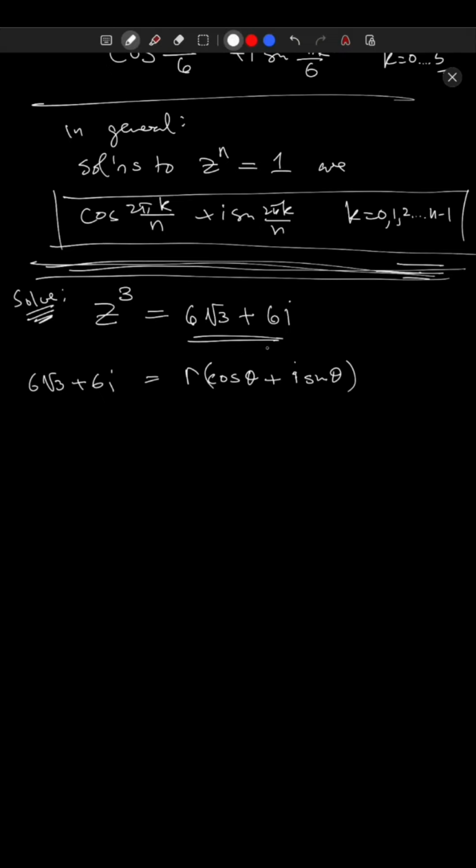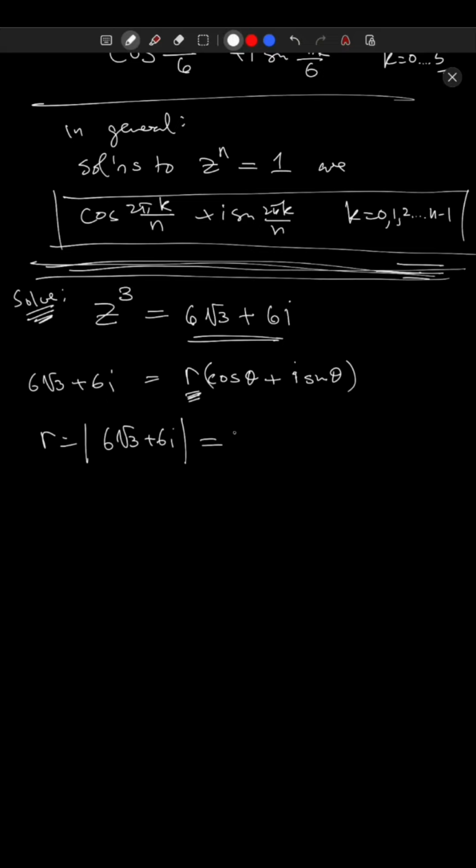We said that our process for getting the trig form is we get the r first, right? r should be the distance to the origin, which is the absolute value of this complex number, right? So r is equal to the absolute value of 6 root 3 plus 6i, right? What is that?